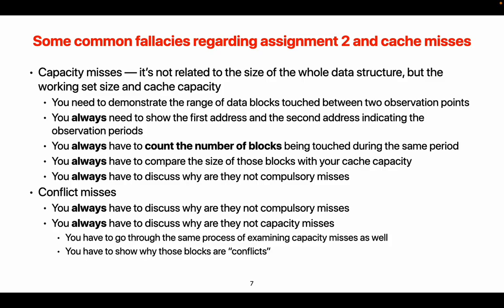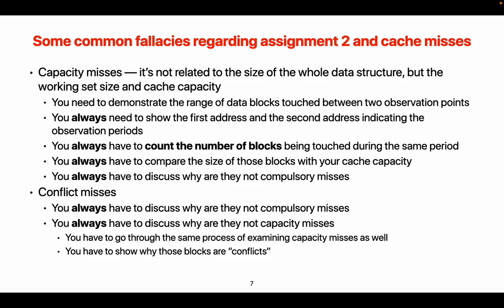For example, the working set: you have to define the starting address and the end address, and between this range, how many blocks we have visited. If you don't have that discussion, you didn't even touch the concept of working set size at all. How can I give you credit?